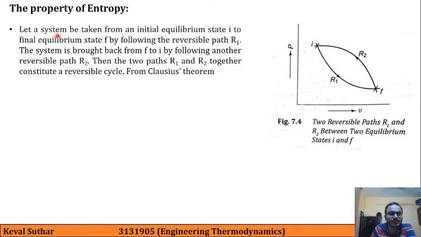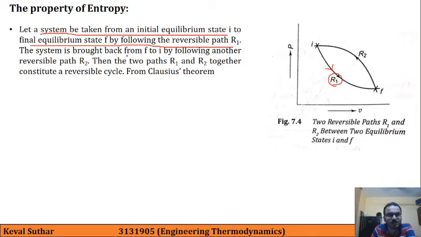So let a system be taken from an initial equilibrium state I to a final equilibrium state F, following a reversible path R1. That is, we are discussing this process, the R1 path and I to F process.